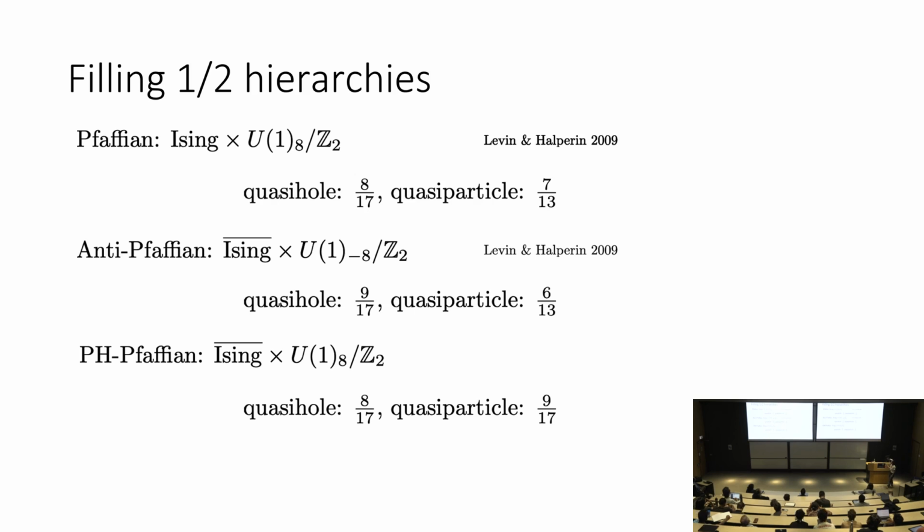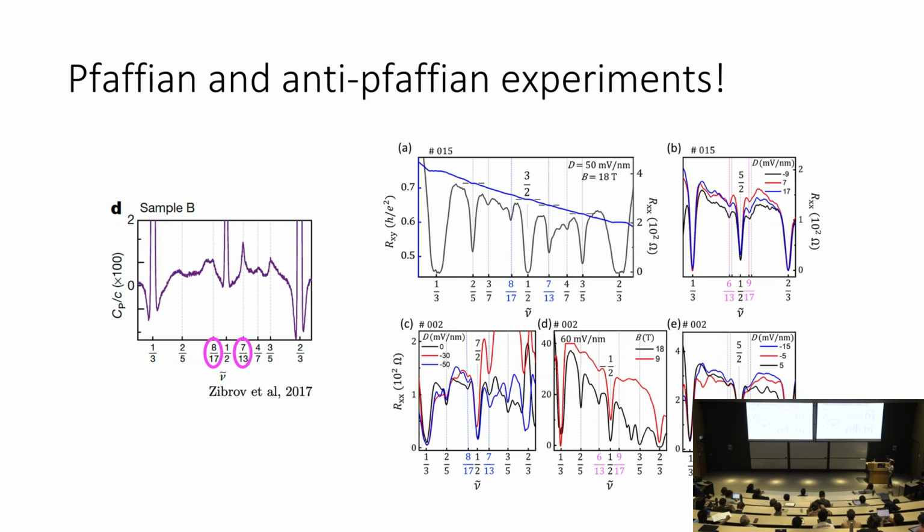And the cool thing is that these filling fractions are actually observed. So you can see here, this capacitance measurement is a measurement of how gapped your state is. On the left side, there's a big gap at 1/2, and then they observe smaller gaps at 8/17 and 7/13.